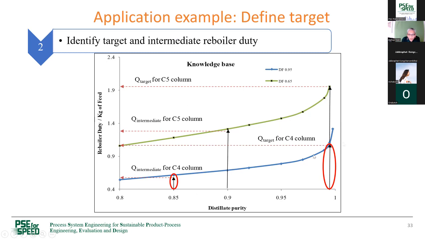So this is for C4, and this is for C5. And then here is the cut point, and here is the actual if we only use distillation. Here is the cut point, and here is the actual if we only use distillation. So we want to save this difference in C3 and this difference in C4. So we have identified the target.